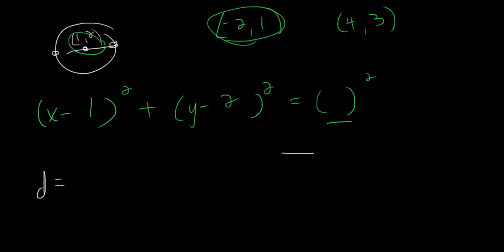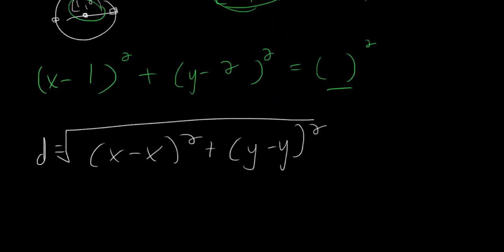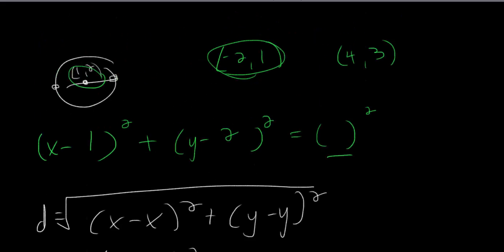It is the square root of (x - x)² + (y - y)². Okay, so I'm going to use that center first, and I'm going to say 1 minus -2 squared plus 2 minus, let's go back, minus 1.